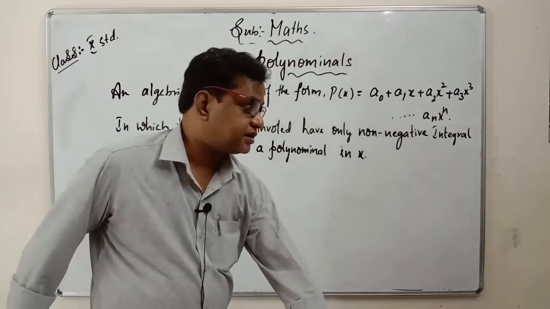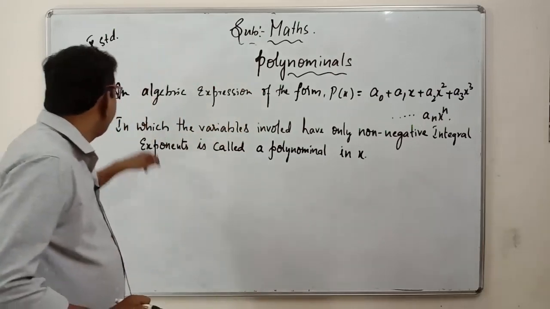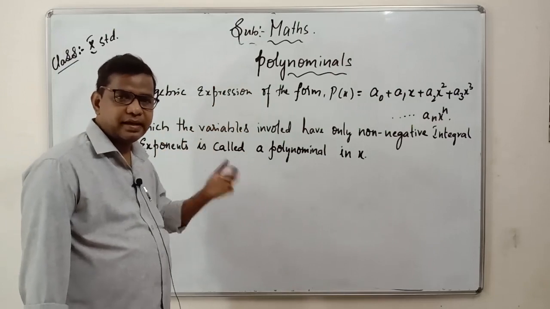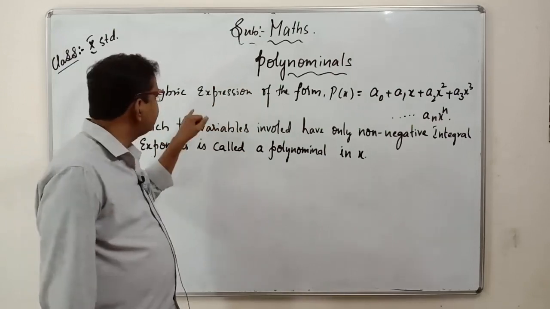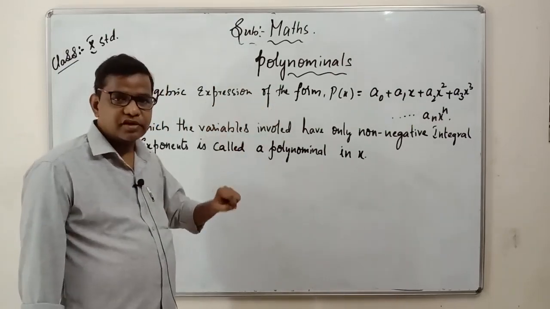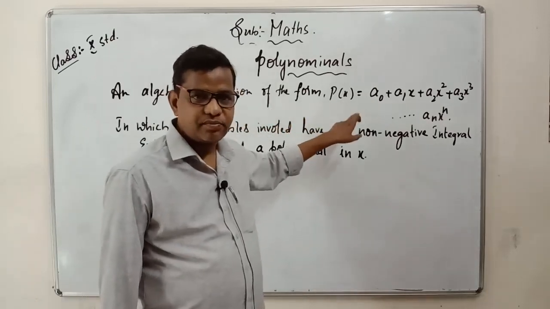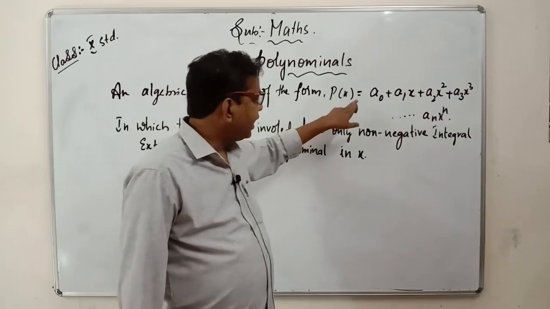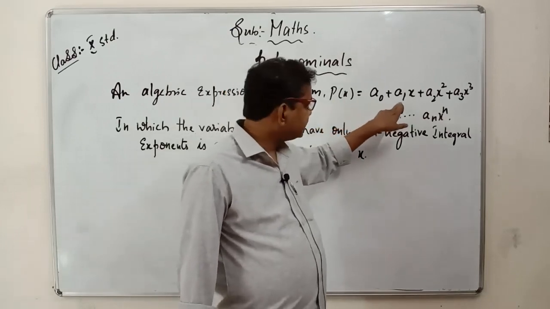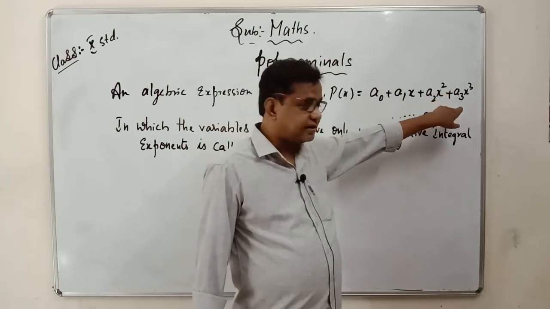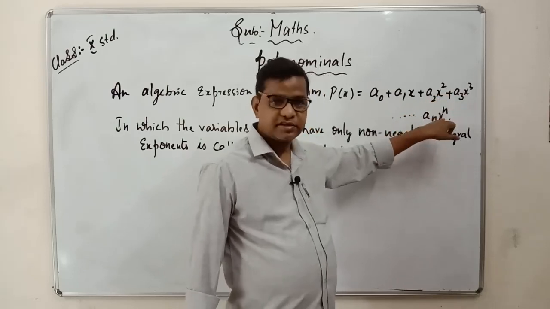So what do you mean by this? Any algebraic expression of the form P of x, where P is a polynomial and x may be a variable or any constant, equals a0 plus a1x plus a2x squared plus a3x cubed, and it goes on to an x to the power of n.